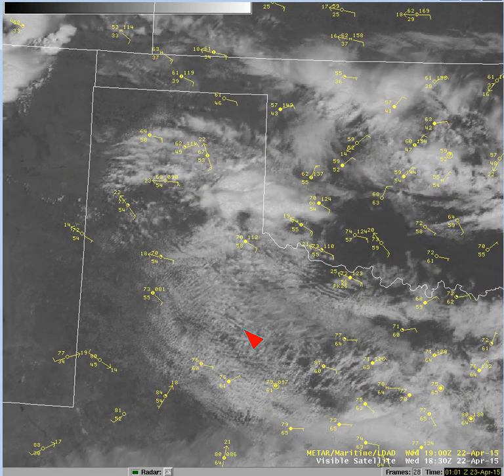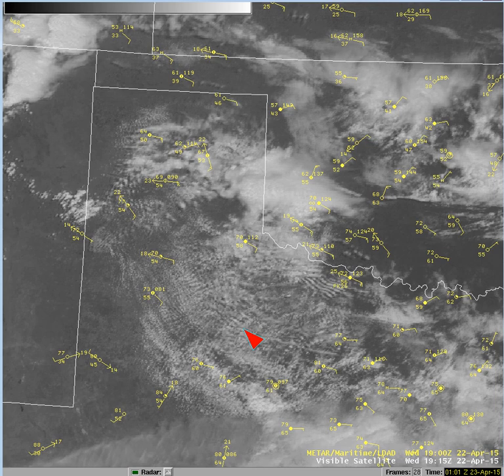We advance along a little bit later. I'll stop it right here. And we can see a dry line in place out in western Texas. So you can see the western edge of this field of cumulus being something like so here, where we would have our moist air mass in place just to the east of that.